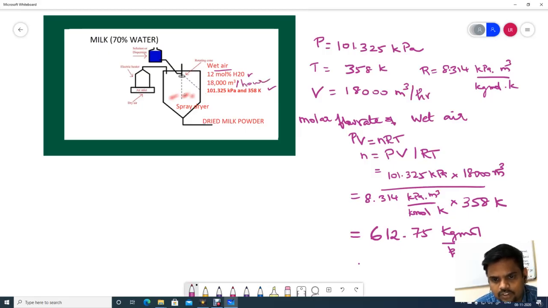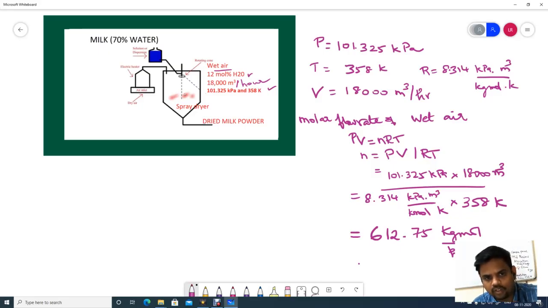It is given that the leaving stream contains 12 mole percent water. So this is the total amount of wet air leaving, 612.75 kg moles per hour.